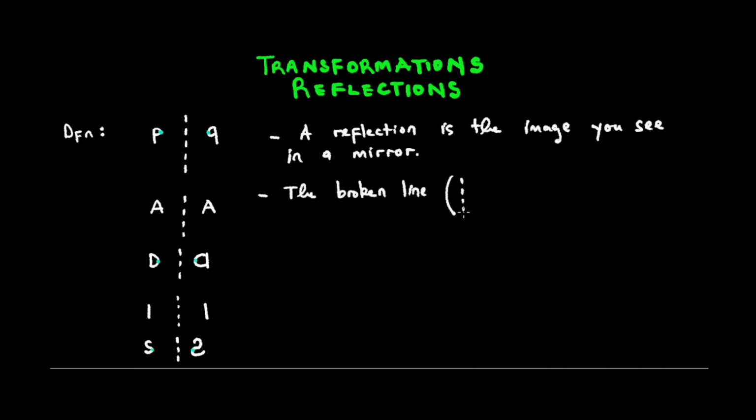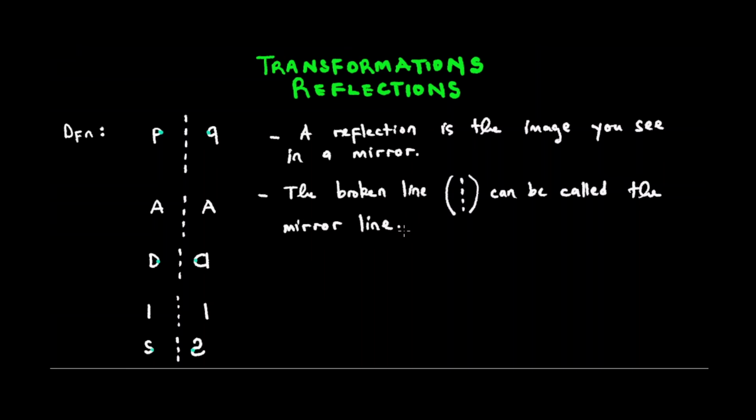Iri ratati ndo represent the mirror line can be called the mirror line. But you're soon going to discover that it can be represented by many names actually, but it can be called a mirror line.